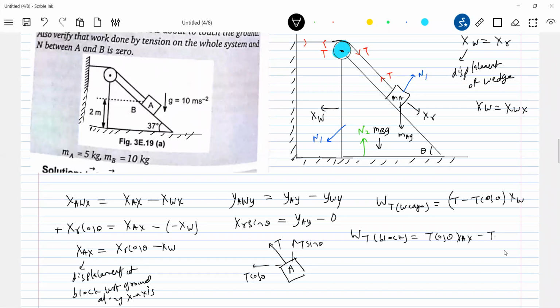Symbols, a little bit of confusion. Okay, let me substitute all this. T cos theta, what is the XAX? We have XR cos theta, minus T sin theta, YAY will be XR sin theta.